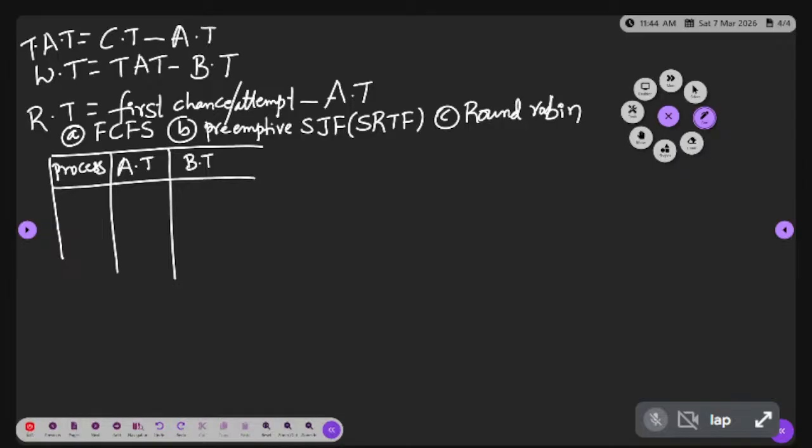Otherwise, if you need more time, you come again in the line. 5 minutes, come again for the next 5 minutes, and the next 5 minutes. That is called the time slice. In round robin, we need a time slice. Round robin with a time slice of 2 seconds, or time quantum, we can say. Note this on the chart.